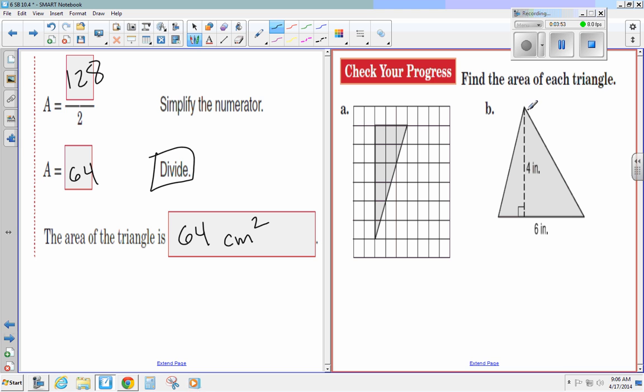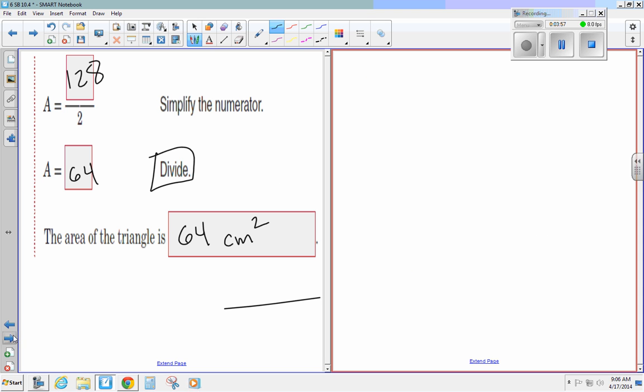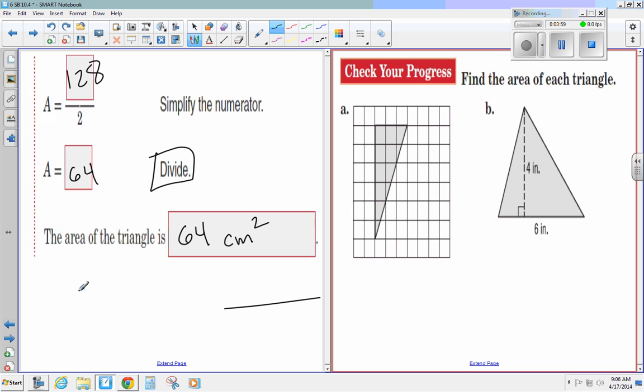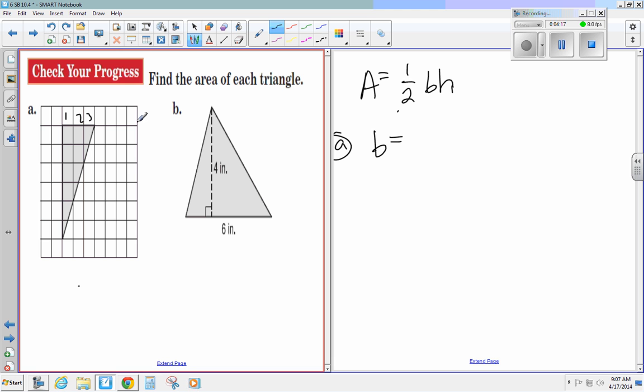All right, let's find it for these. It's still half of the base times height. So for A, my base is 1, 2, 3.